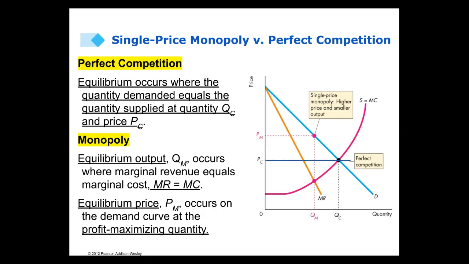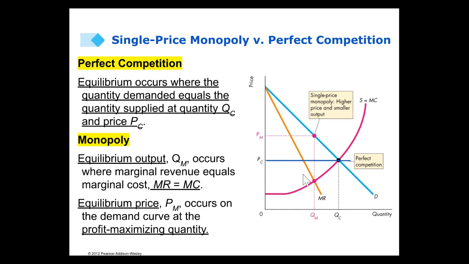So we see here, if we compare a monopoly with a perfectly competitive market, and we superimpose the 2 graphs over top of each other, that in perfect competition, the marginal cost and the marginal revenue intersect here. So the competitive quantity is QC, the competitive price is PC.